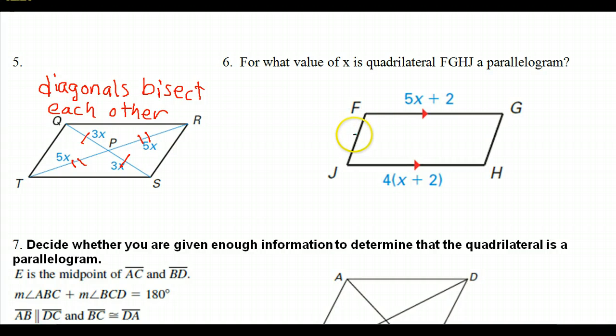Now look at number 6. So number 6 is a different kind of question. For what value of x is the quadrilateral a parallelogram? So if you assume for a minute that the quadrilateral is a parallelogram, we have these sides parallel, so these sides would also have to be congruent to be a parallelogram.